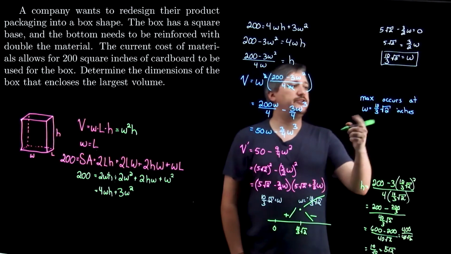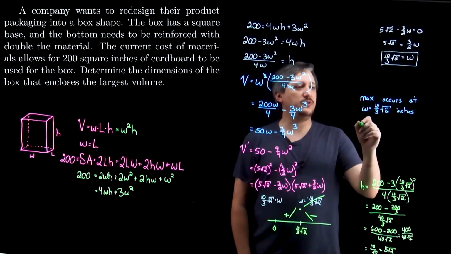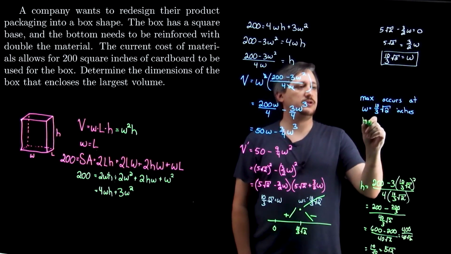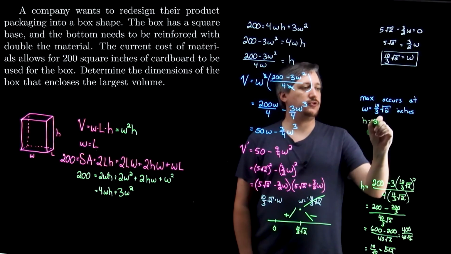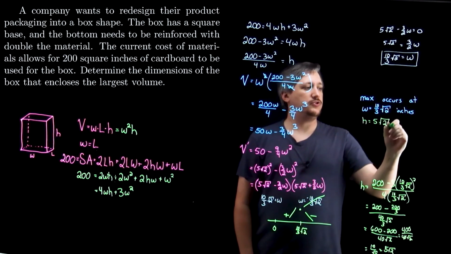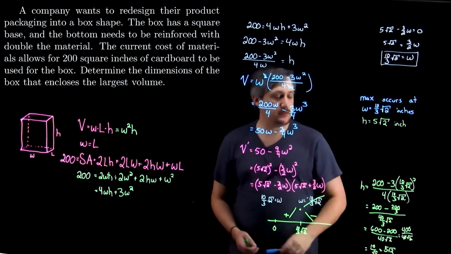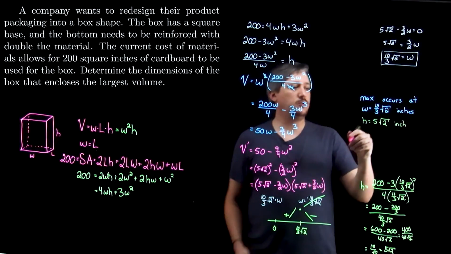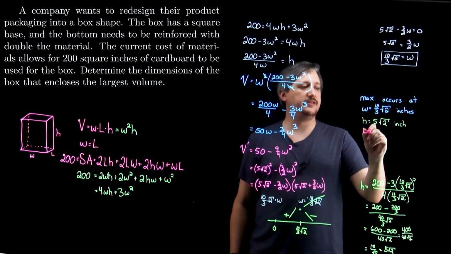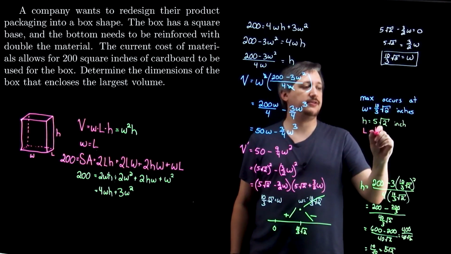So I know that W is 10/3 root 2, and H is 5 root 2 inches. And my L, remember, is the same as my W, so this is also 10/3 root 2.